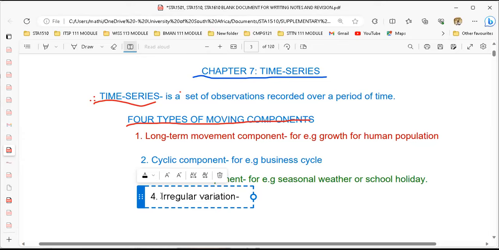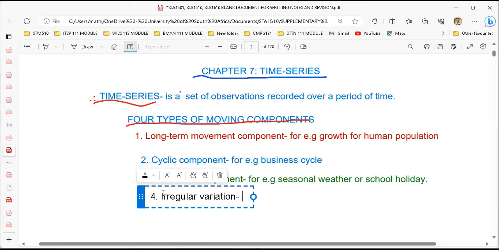If they give a scenario, and you look at your graph and see that it talks about natural disasters, and they ask which type of movement component this is, you'll say this is irregular variation.